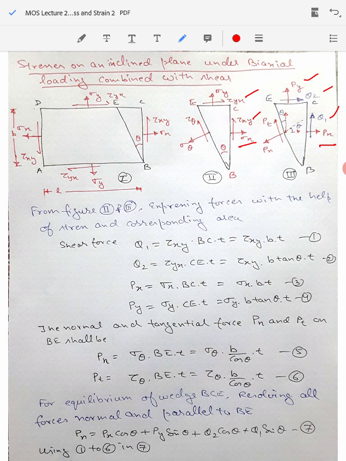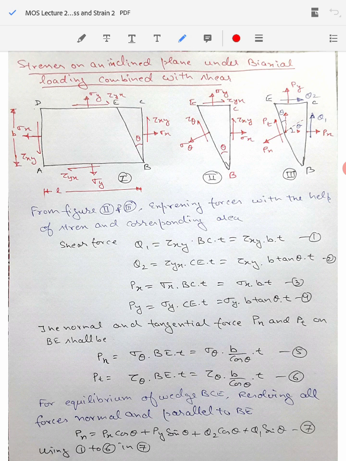Similarly, on the plane BE, because of the normal stress sigma theta, there will be a normal force Pn, and because of the shear stress tau theta, a shear or tangential force Pt will be acting on it.